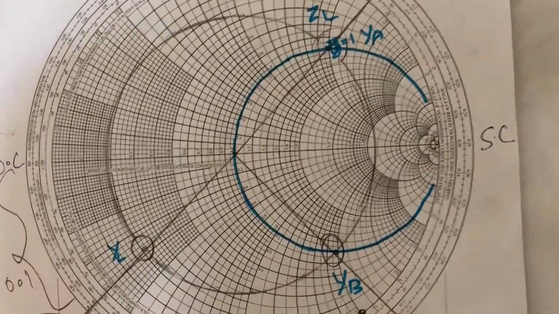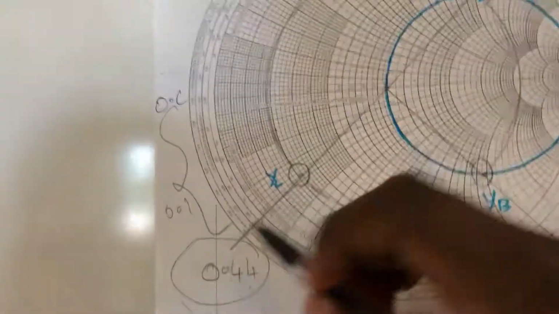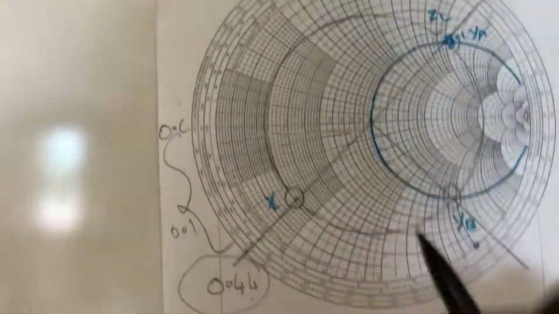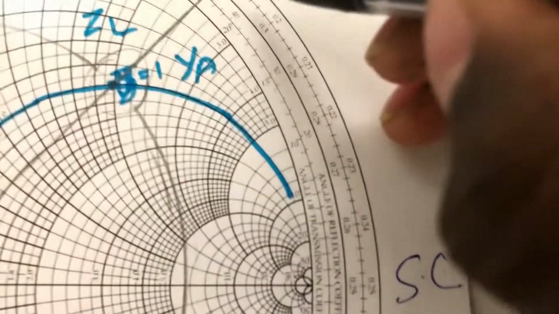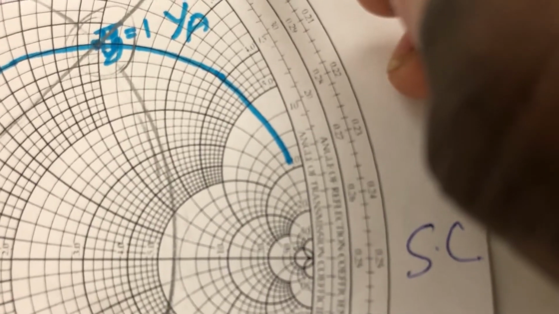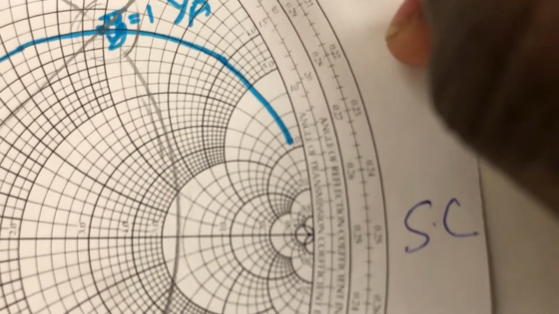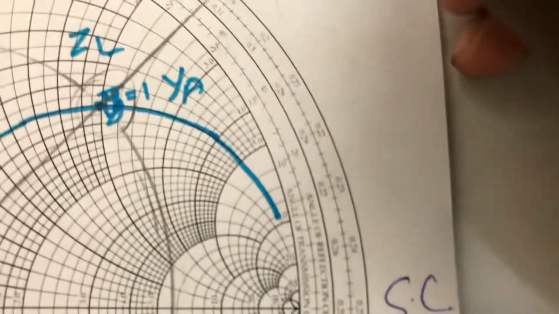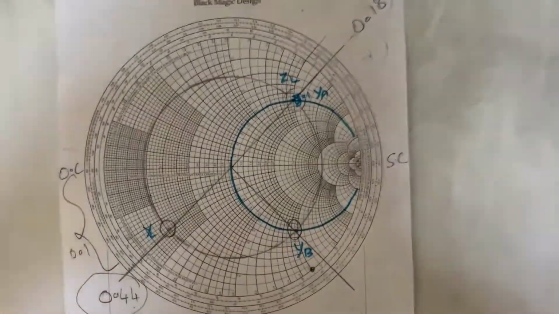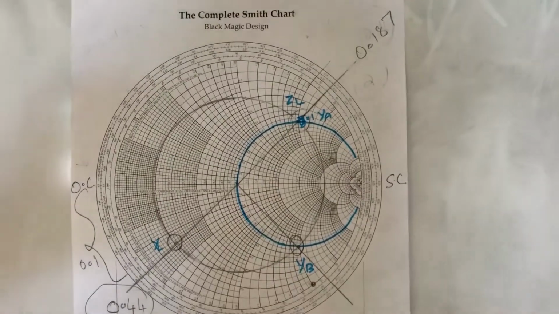Okay, and look into these two solutions, YA, YB. The closest one would be YA, as we are moving towards the generator. So from this point it's closer to here than it's to YB. So consider YA and look at what we are getting at YA. It is between 0.18 and 0.19. So let's take it as 0.187. So we need to find the distance between 0.44 and 0.187. Now this whole chart has a length of 0.5.